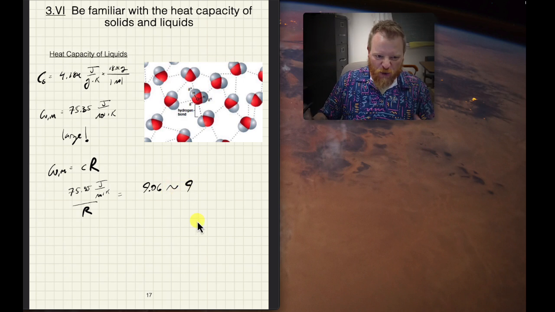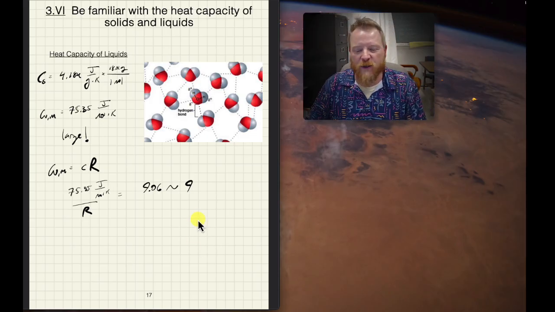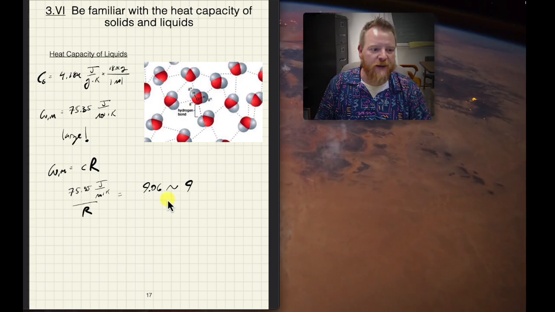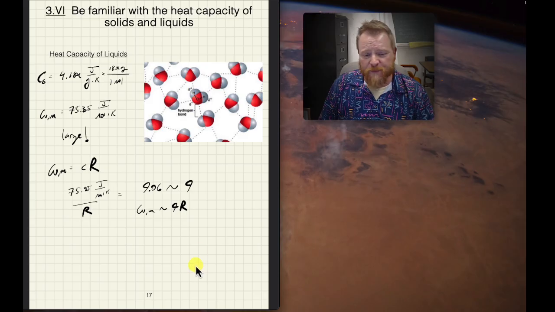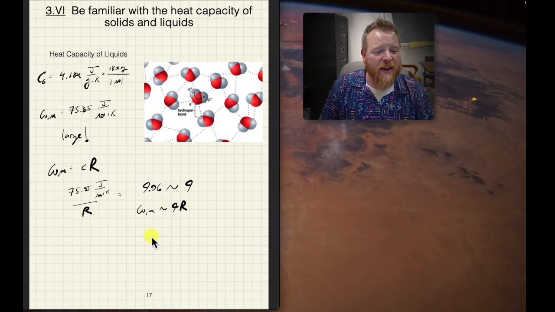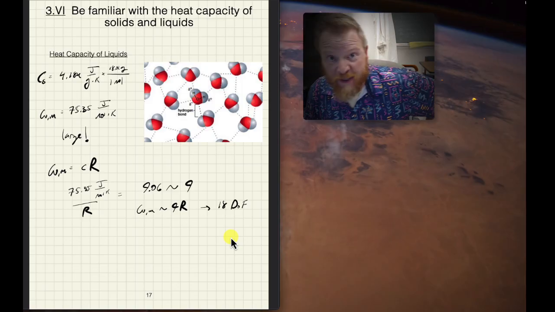We'll say good enough for the point of this discussion. Okay, so what's the significance of 9? Well, if C_VM is approximately 9R, then that means we had to have 18 degrees of freedom, right? There's 1/2 R for each degree of freedom in the heat capacity.